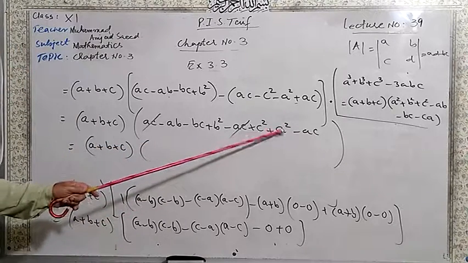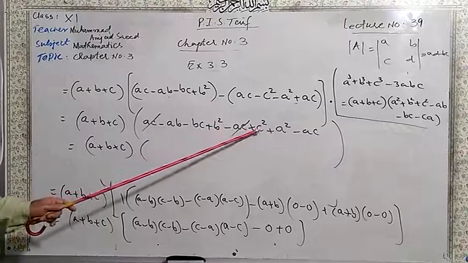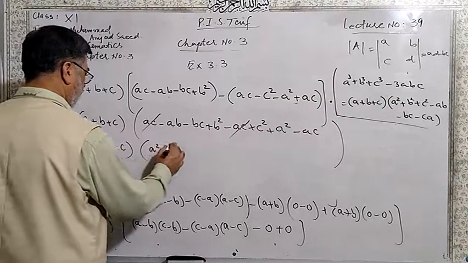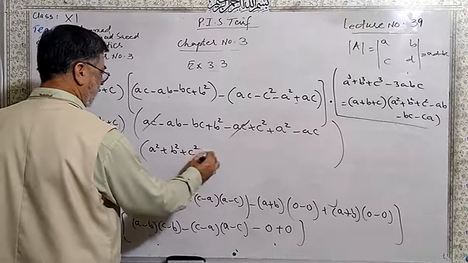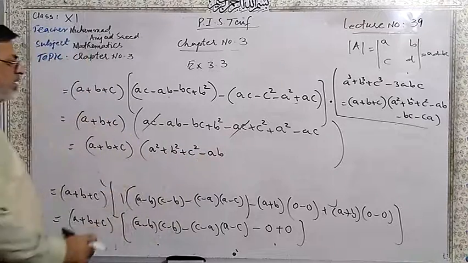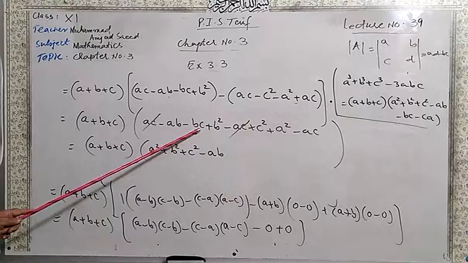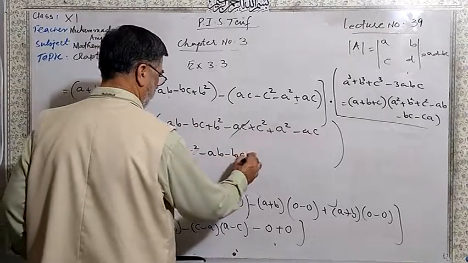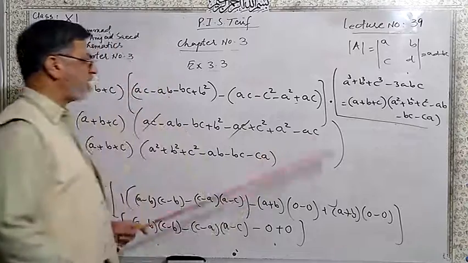First you write down A square plus B square plus C square, minus AB minus BC and minus CA. AC and CA are same.